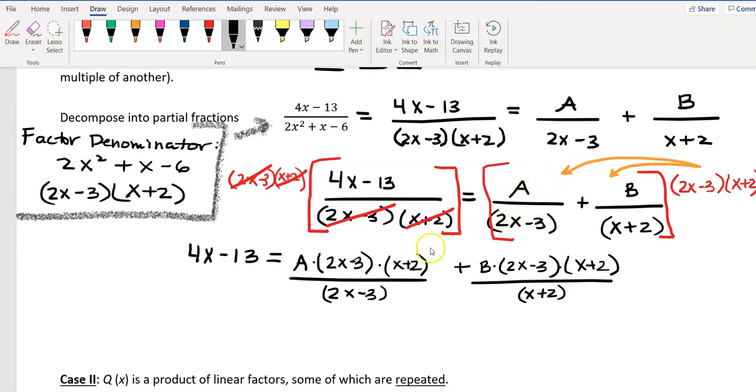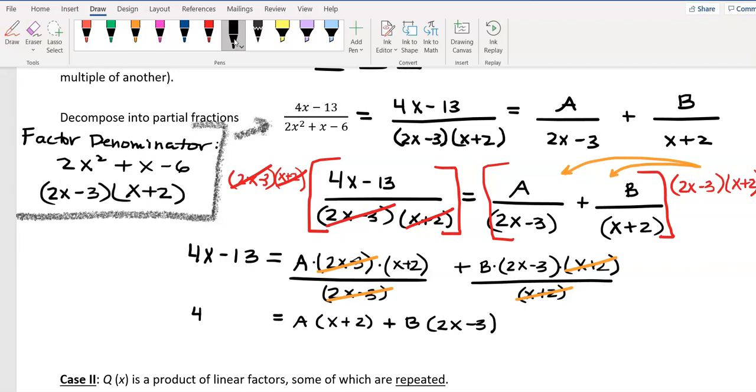So I multiplied it with the A fraction, which gave us A times 2x minus 3 times x plus 2 over the denominator, plus, and then I multiplied it with the B fraction, which gave us the same general setup. Now, if you notice, you're going to have some cancellation. So we are going to be canceling the 2x minus 3 here with its denominator and the x plus 2 in the second part with its denominator. Meaning what we have left is simply A times x plus 2 plus B times 2x minus 3.